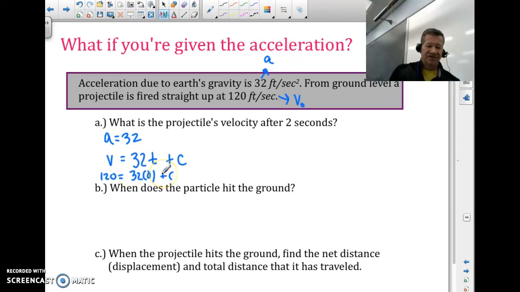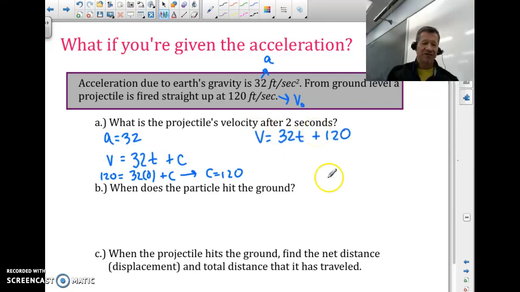So that gives us a c value of 120. So I know the velocity is going to be, now instead of 32t plus c, with that initial condition, I know it's 32t plus 120. So velocity at 2 seconds would be 64 plus 120, or 184.